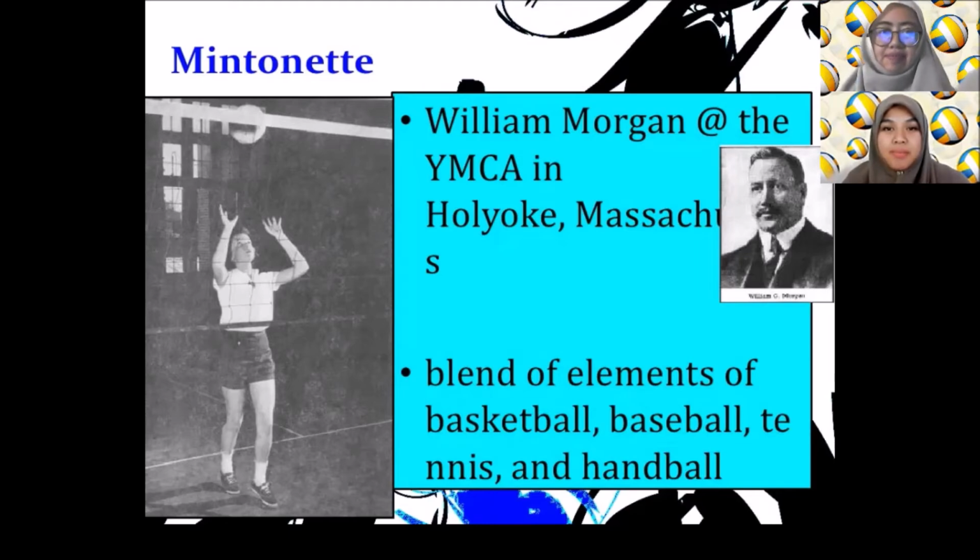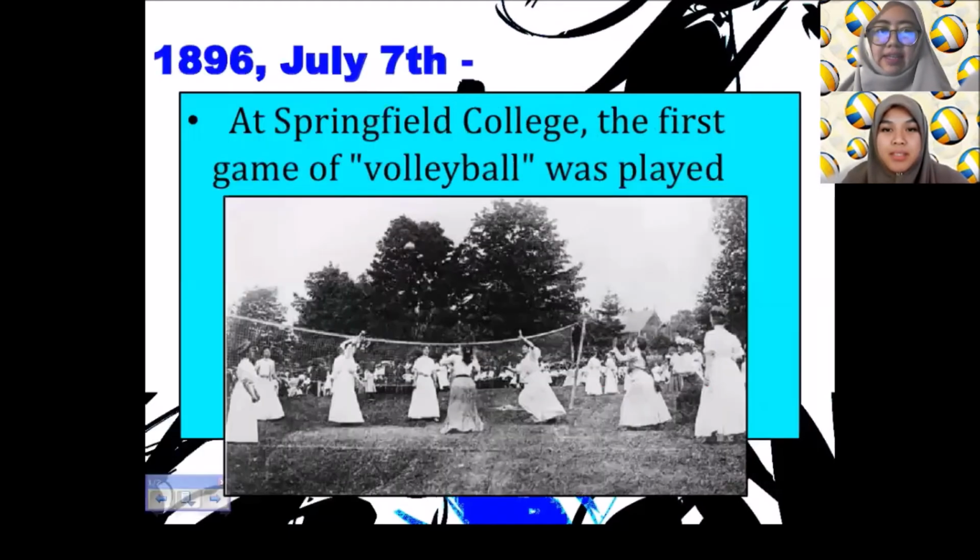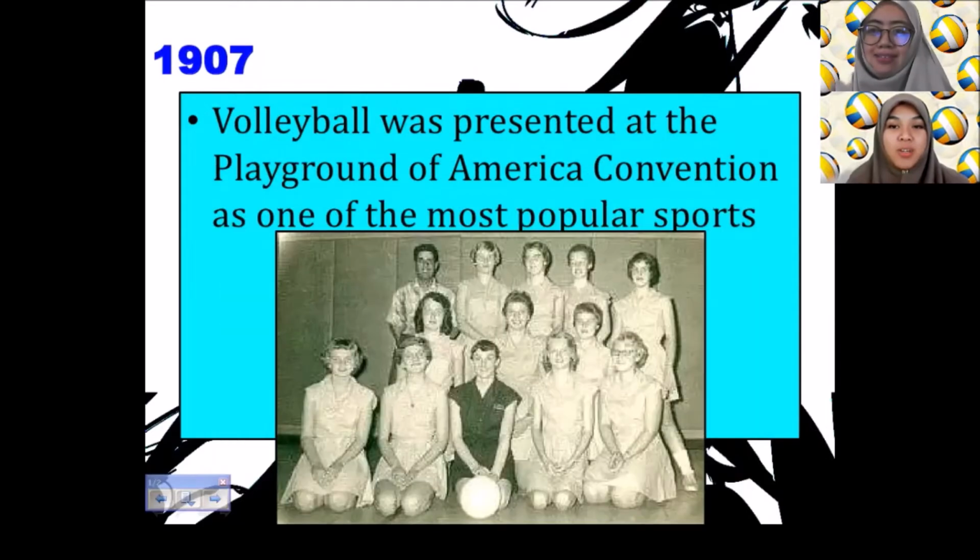Okay. Right. So on July 7th, 1896, the first game of volleyball was played, as you can see from the picture, located at Springfield College. In 1907 was the year when volleyball became one of the most popular sports.